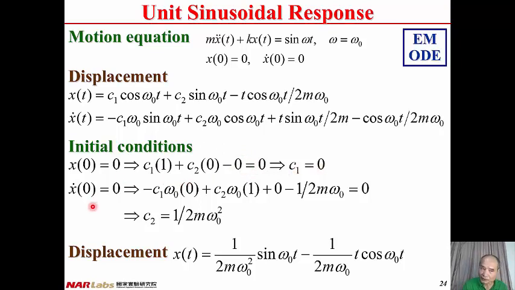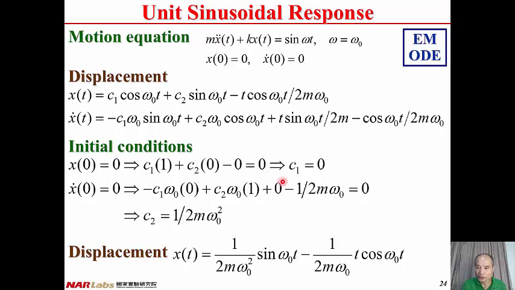From the initial velocity, x dot of 0 equal to 0, then we have minus c1 omega 0 sine 0 equal to 0, plus c2 omega 0 cosine 0 equal to 1, plus 0 minus 1 divided by 2m omega 0 equal to 0. We solve for this equation, and then we have c2 equal to 1 divided by 2m omega 0 square.